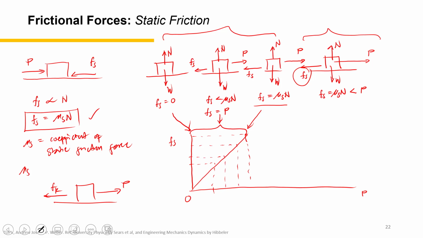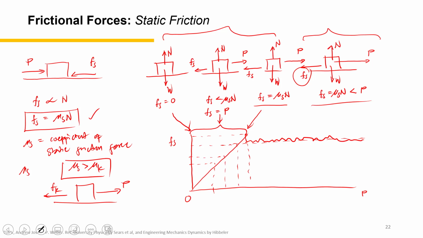So here we have this. But since μs is greater than μk, the resistance offered by kinetic friction force is always less than the maximum value of the static friction force. So what happens is that the resistance drops a little. And of course, it is not a straight line because, again, as we have discussed, the number of bonds present between the surfaces varies.